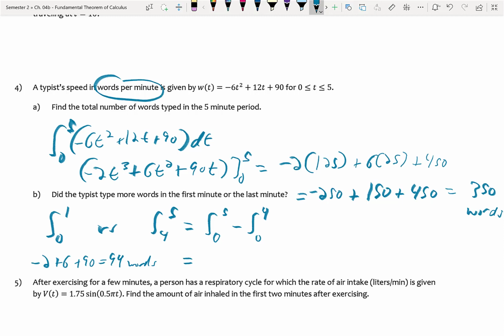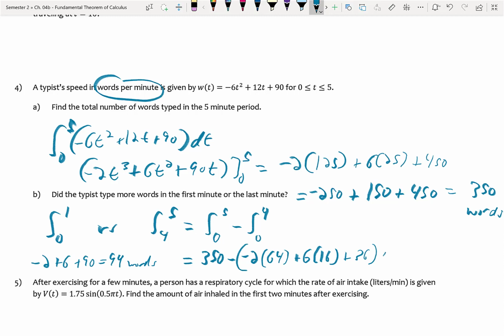We've already figured out 0 to 5, that's 350, minus the integral from 0 to 4, which is just plugging 4 in, so negative 2 times 4 cubed is 64, plus 6 times 4 squared is 16, plus 360.